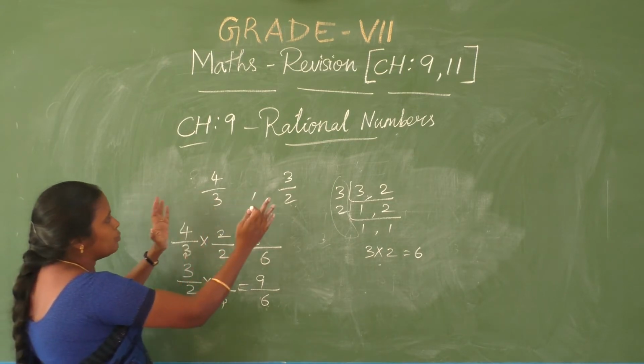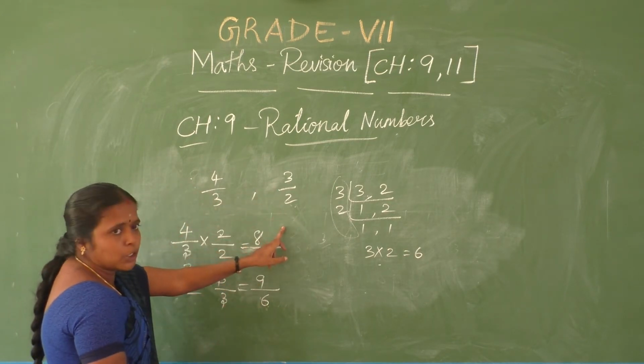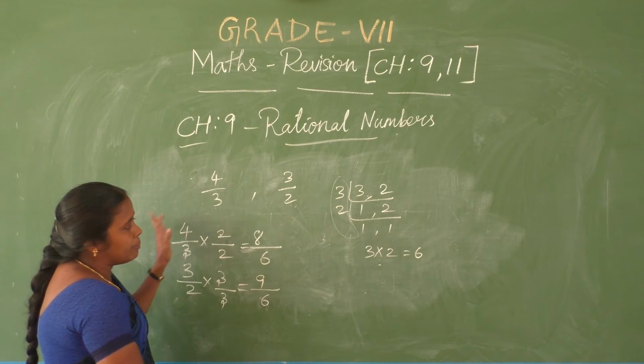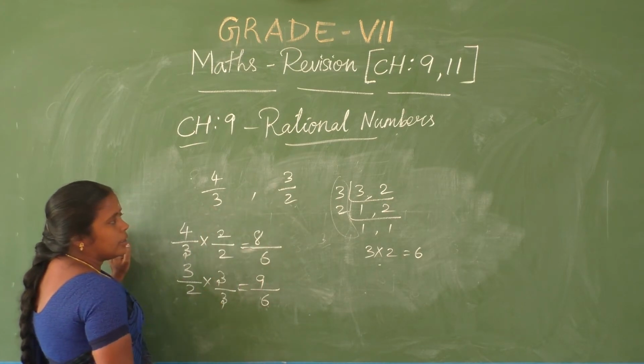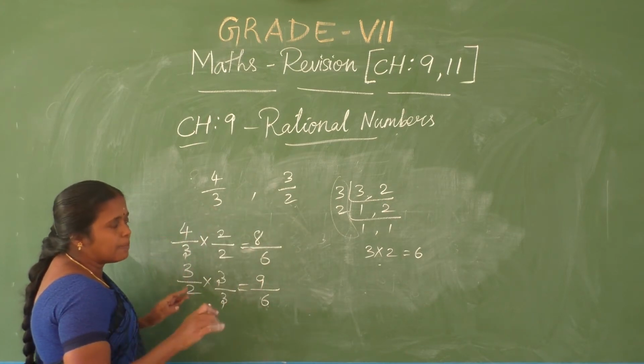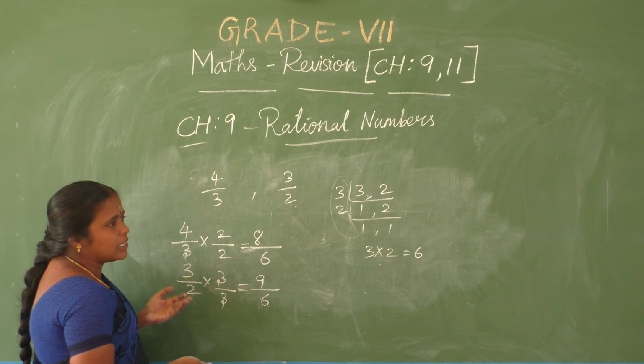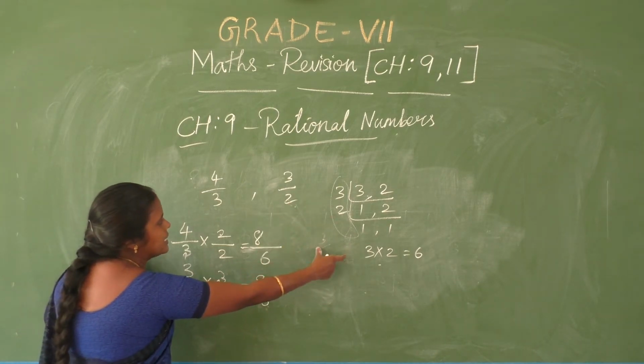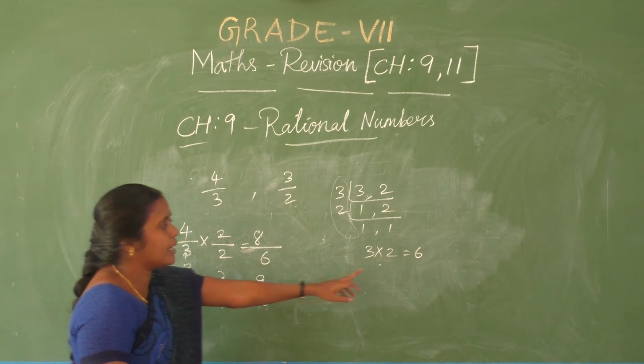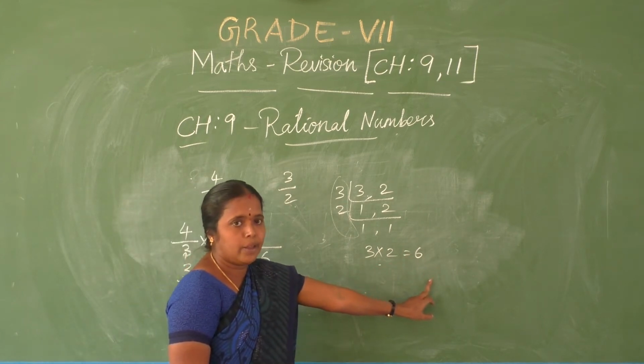So given two fractions 4 by 3 and 3 by 2, in the beginning they are unlike, different portions. We can't compare. So for making our calculation easier, I have taken the LCM of their denominators. At that time my answer is 6.